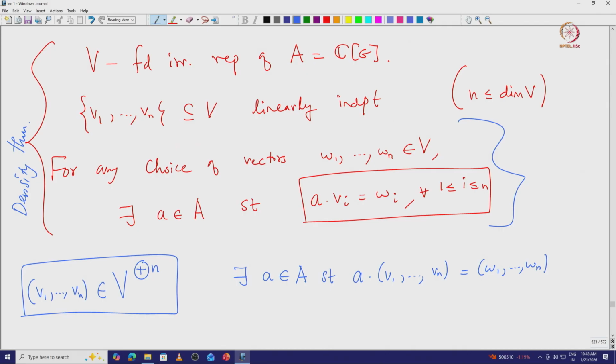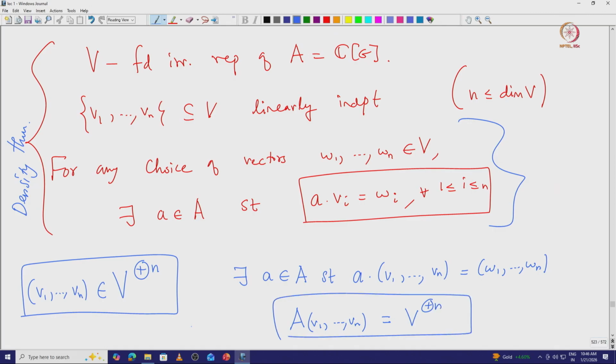In other words, if I take this capital A and generate the sub representation of this V direct sum n with this cyclic vector V1 etc. Vn, then this sub representation is going to be the entire representation V direct sum n.